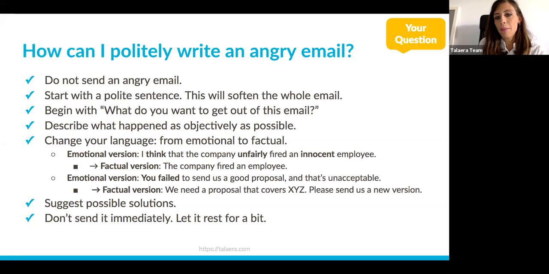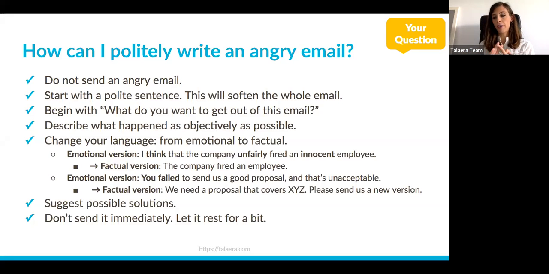Then describe what happened as objectively as possible. What does that mean, objectively? It means you need to change your language from emotional or subjective to factual or objective. And I have 2 examples. The emotional version would be, "I think that the company unfairly fired an innocent employee."